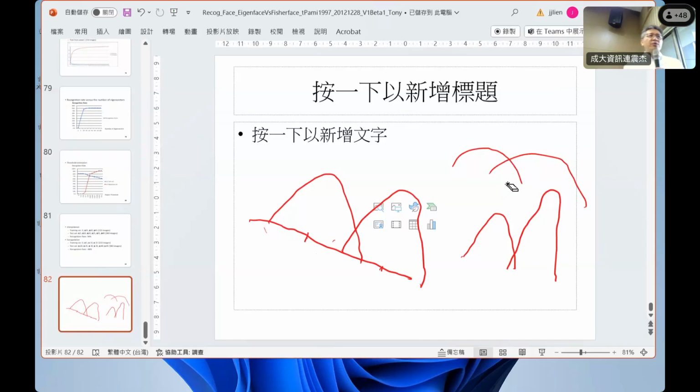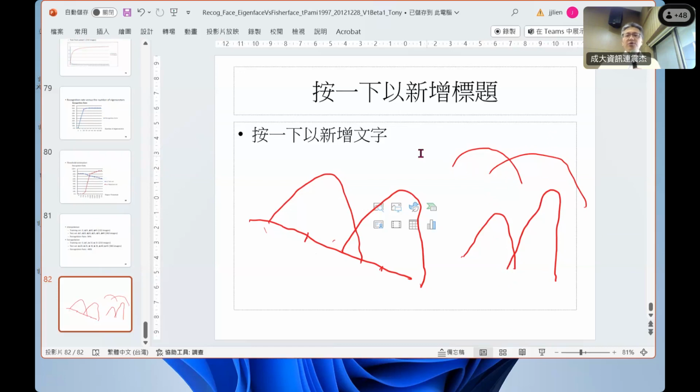What's the overlap region? Suppose we do face detection, and suppose this is non-face and the other is face. They get confused, so you will make a lot of mistakes, meaning you will have a lot of false positives. This reduces the confusion region.